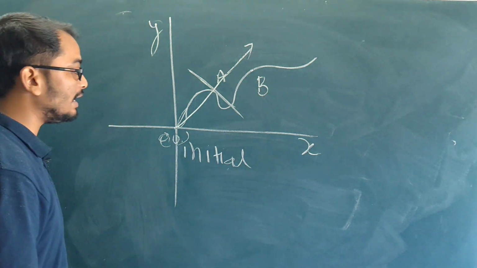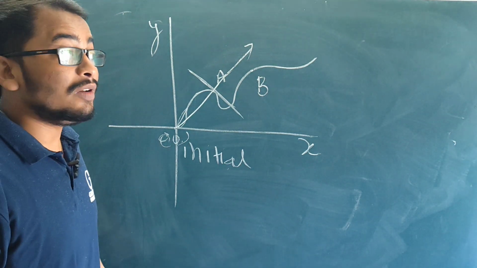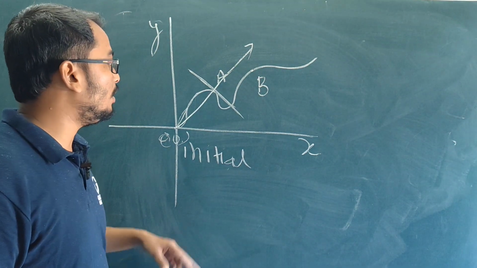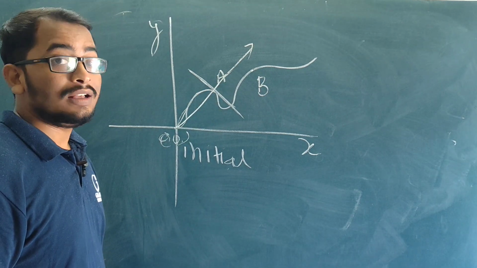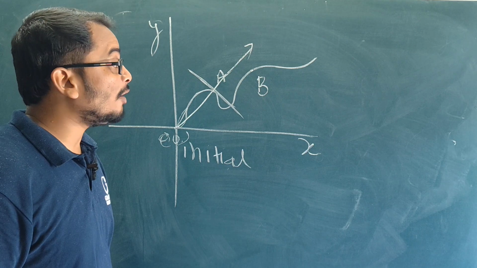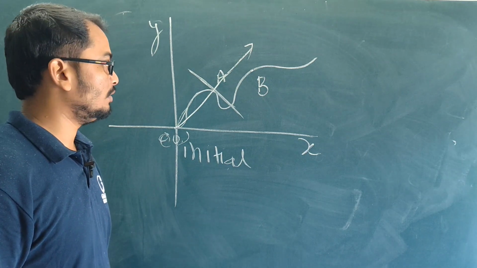So the direction of instantaneous velocity is the slope of the tangent. But for average velocity, we have to define r final minus r initial.